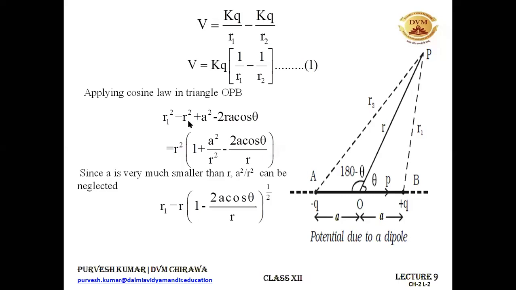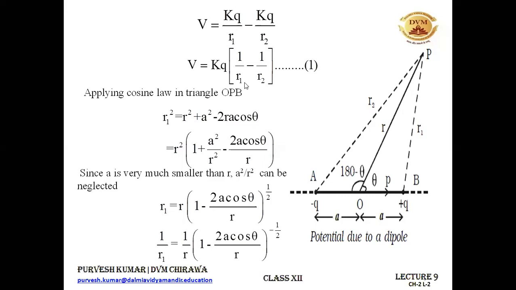In the expression, we do not require R1. We require 1 upon R1. In this expression, we require the value of 1 upon R1. That's why we will be taking the inverse of it. So 1 upon R1 becomes 1 by R, and when you take the inverse of this complete quantity, the power becomes minus. I have written it as minus half. Please see this expression. What I have done is I have taken the inverse of R1.